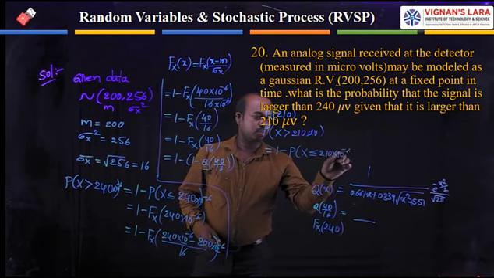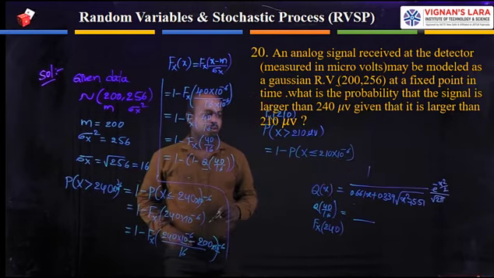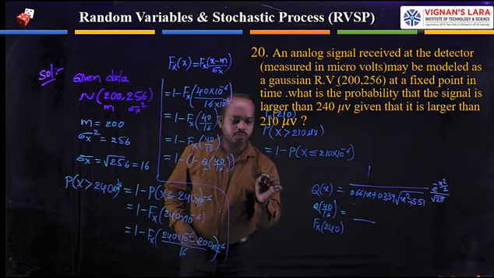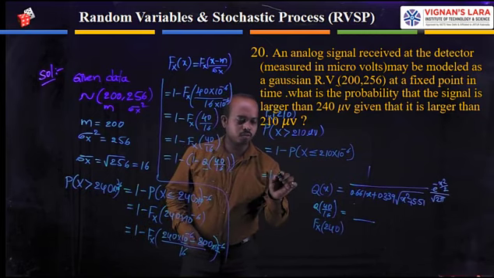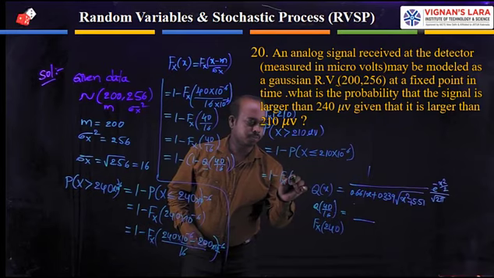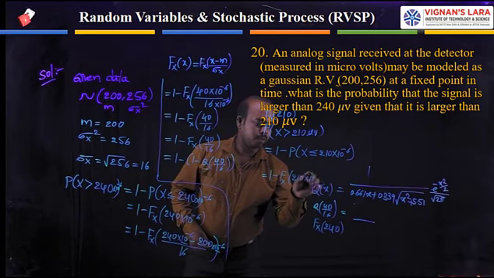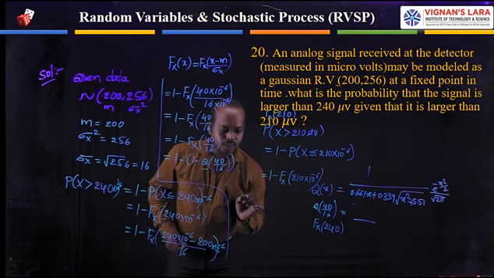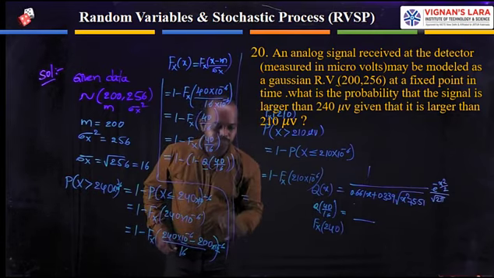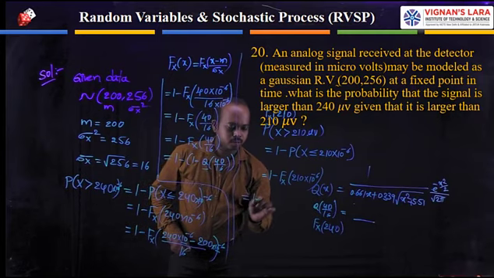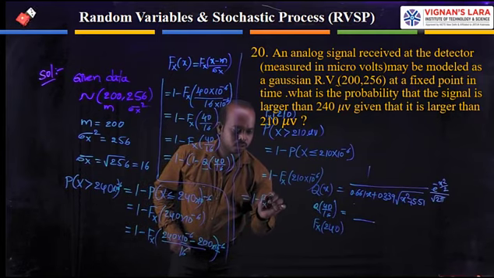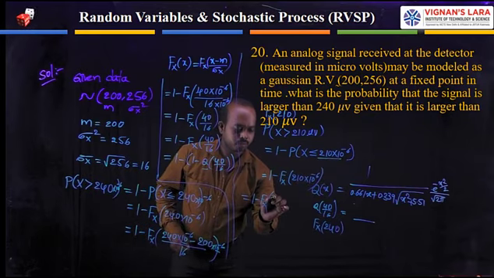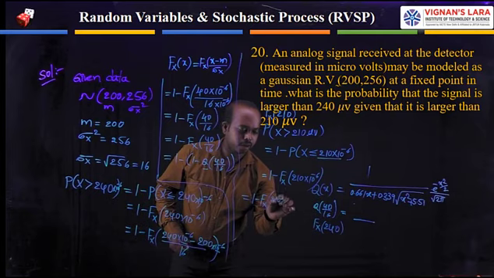Micro is 10 power minus 6. In terms of distribution, we write 1 minus F of x at 210 into 10 power minus 6, using the Gaussian distribution function.